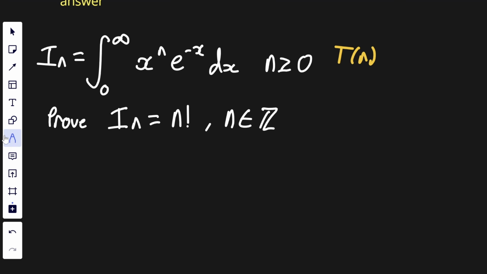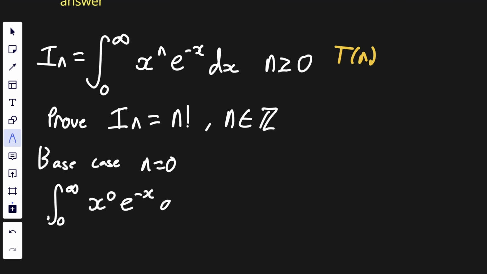So first of all, let's look at the base case. n equals 0, with the integral from 0 to infinity of x^0 e^(-x) dx. This is equal to the integral from 0 to infinity of e^(-x) dx.